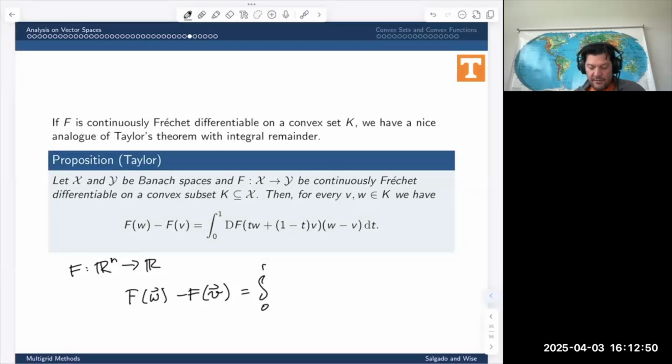The derivative of f in this case is just the gradient operator. So gradient of f at the point tw plus (1 minus t)v, that's a vector in Rn, dotted with the vector difference w minus v, integrated from t equals 0 to 1.